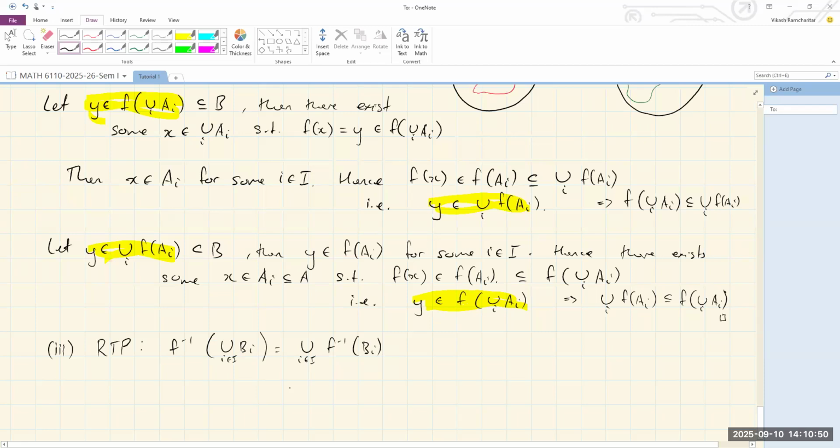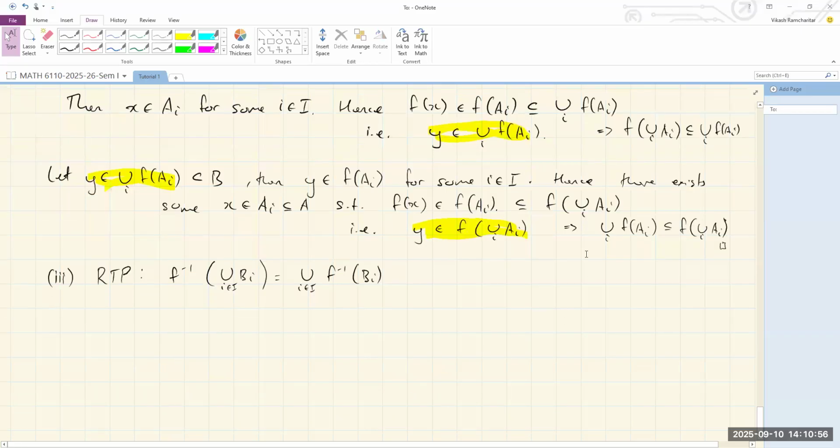Okay. So again, I need to show that the left-hand side is a subset of the right-hand side and the right-hand side is a subset of the left-hand side.